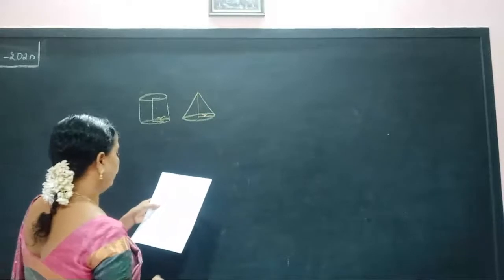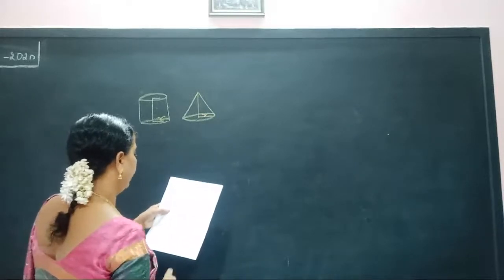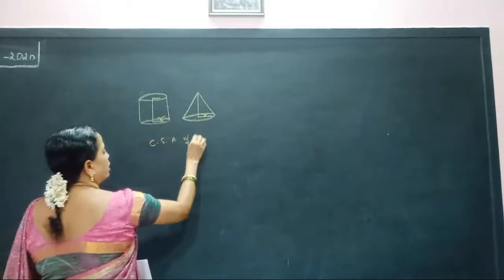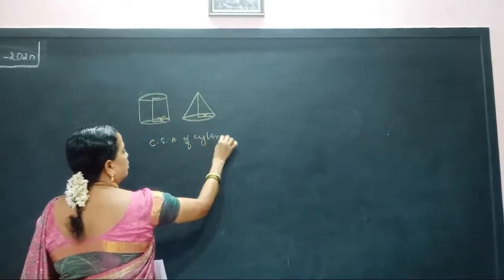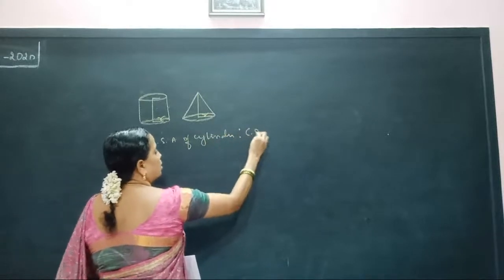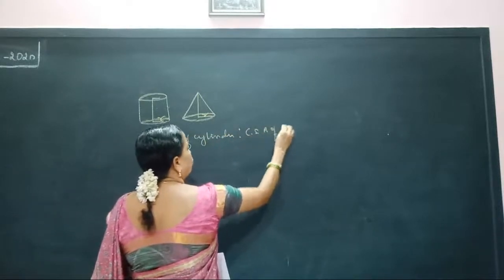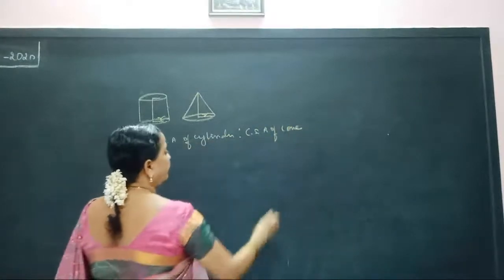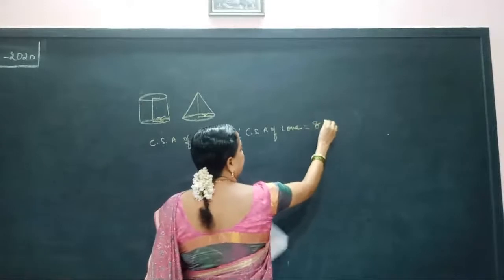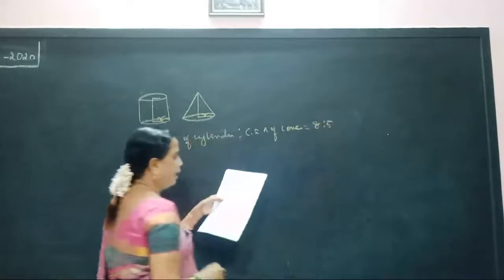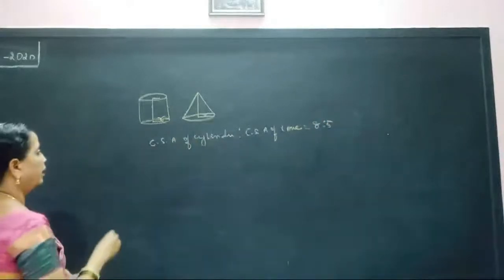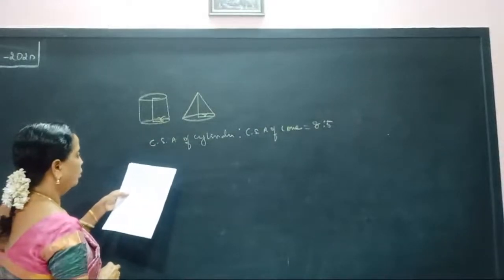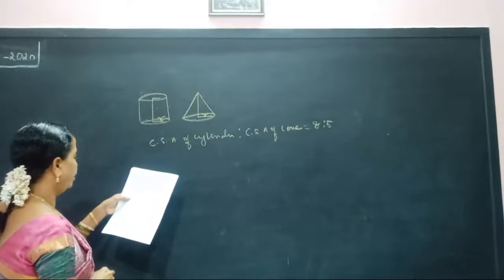If their curved surface areas, curved surface area of cylinder to curved surface area of cone, are in the ratio 8:5, find the ratio between the slant height to its height.